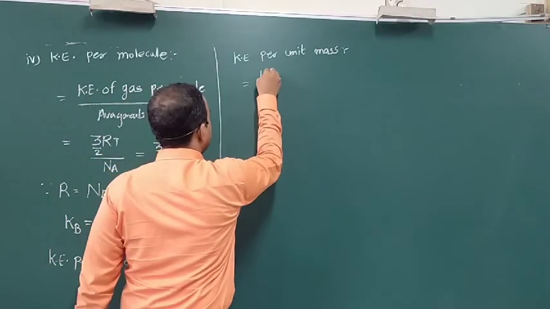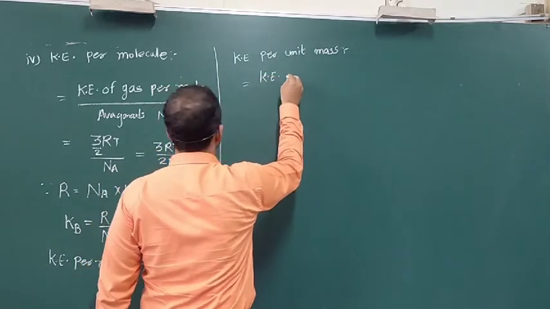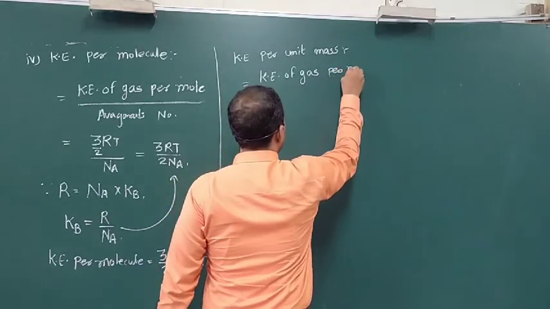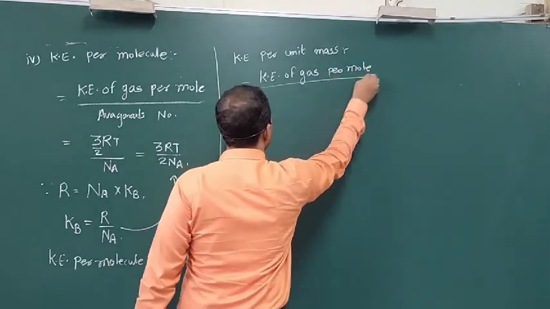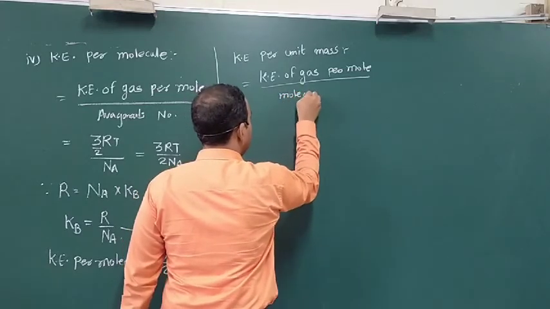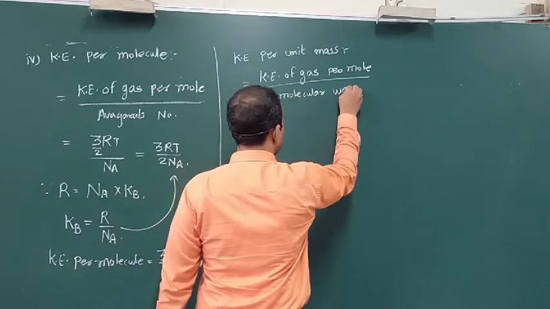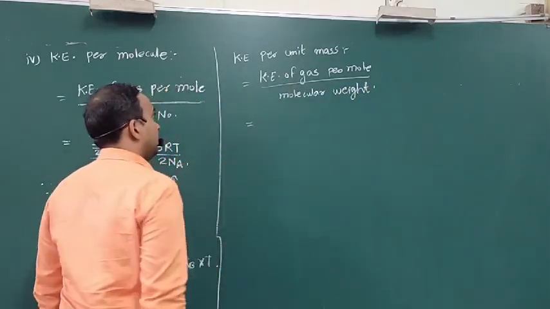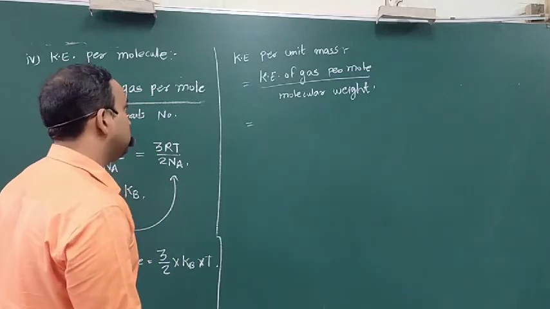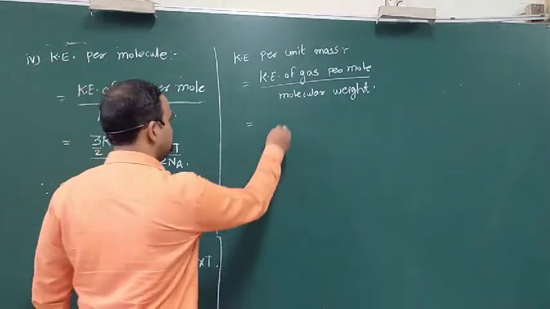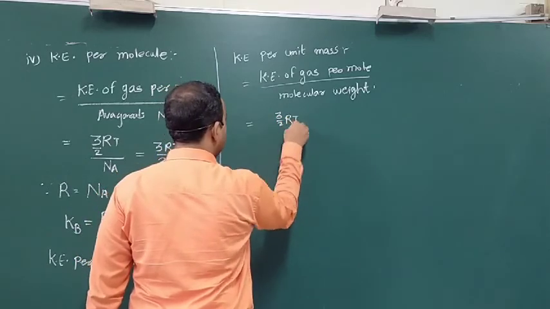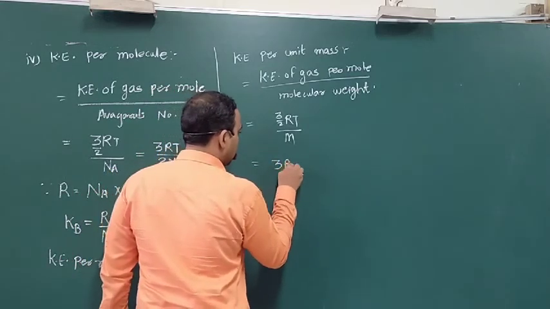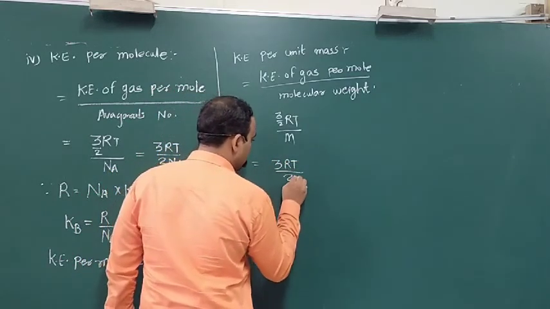So the kinetic energy of the gas per mole, that is 3 by 2 RT, upon molecular weight m, which is equal to 3 RT upon 2m.